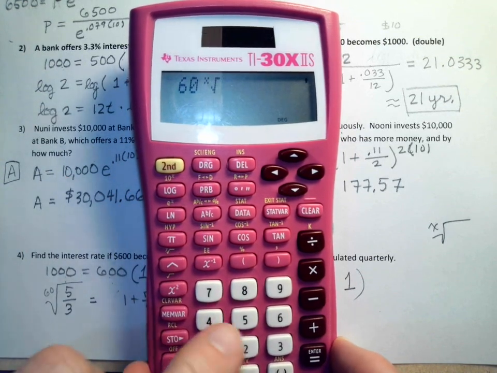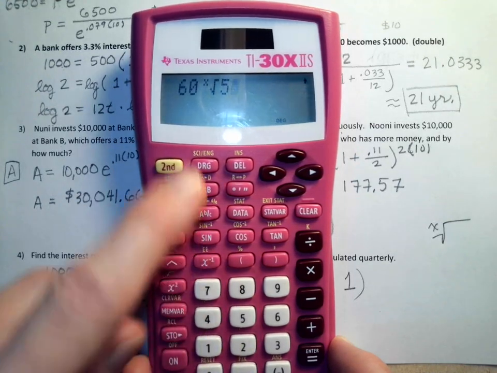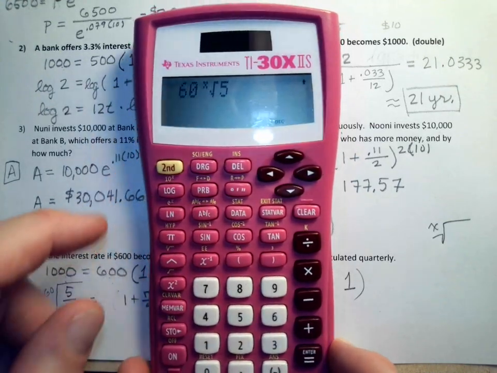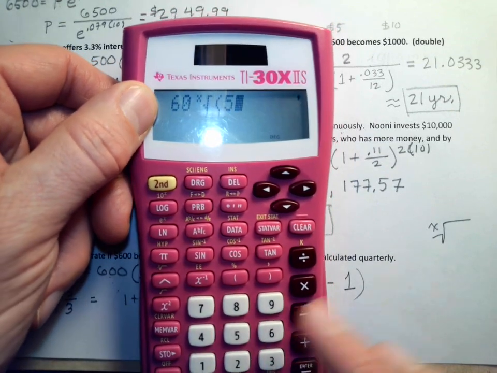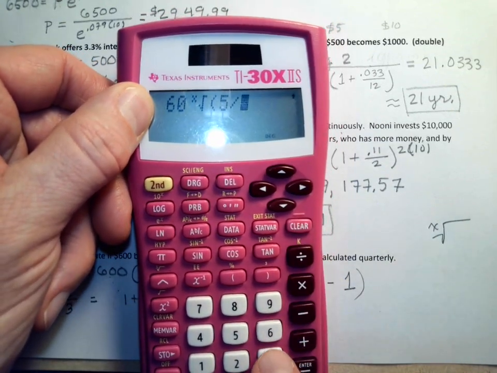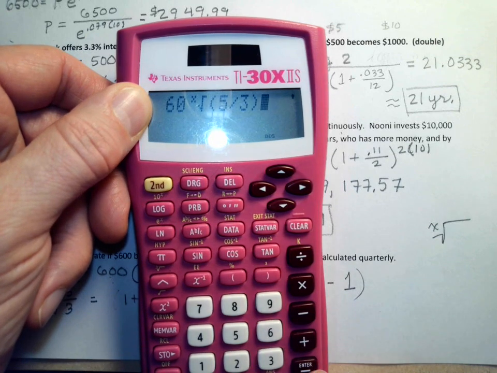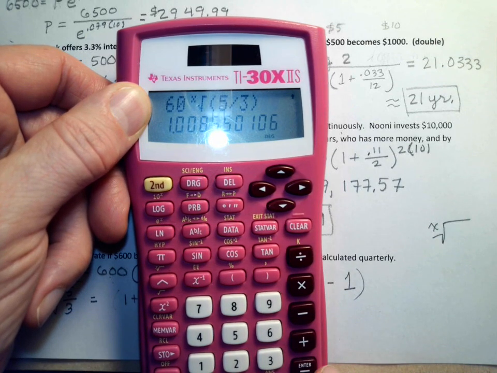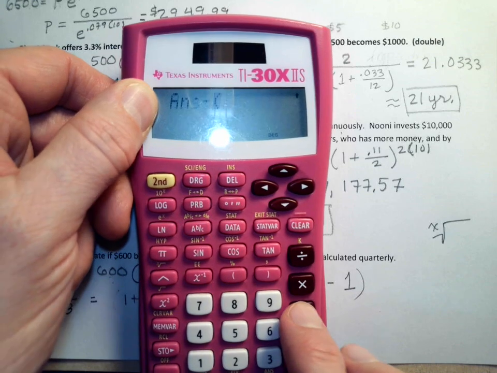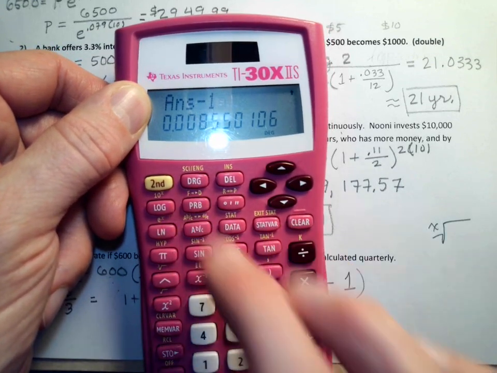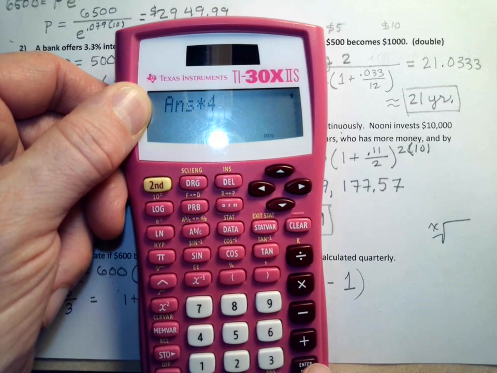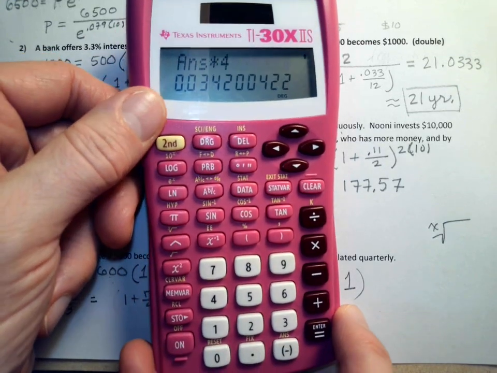All right, and then under the radical, let's put it in parentheses just to be safe, 5 divided by 3. We get that answer. We subtract 1 from that answer, and then we multiply that result by 4, and we get our answer.